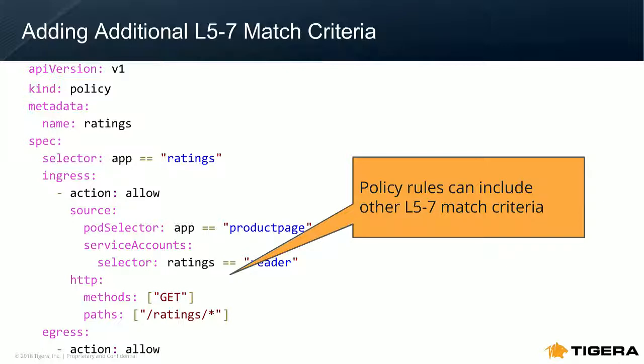And this is where we're going to start talking about this CARTA ongoing introspection of your flows. I've allowed the flow because it's product page, it matched my service account match and my pod selector match. So the flow is allowed. But the minute that flow attempts to do something that we didn't expect it to do, in this case do an HTTP get on something not prefaced with ratings, we'll block the traffic and alert.